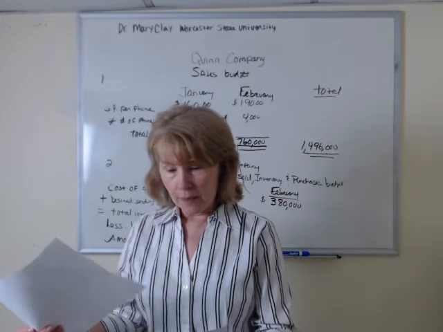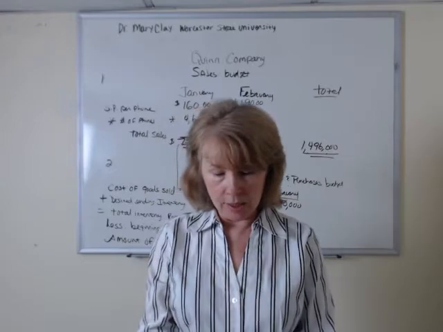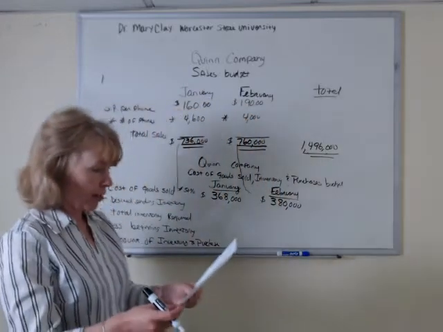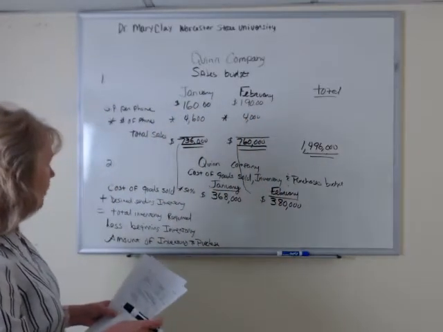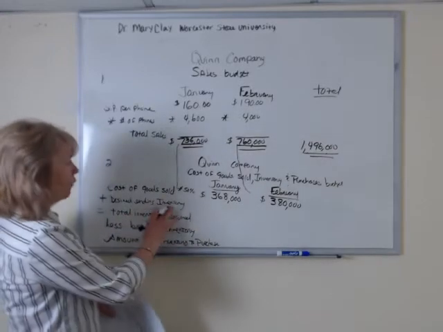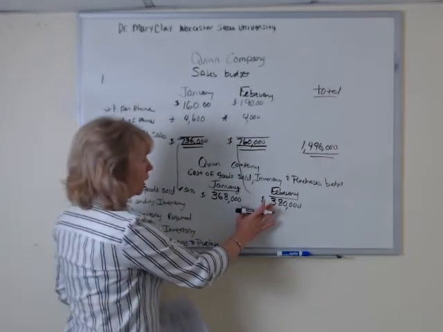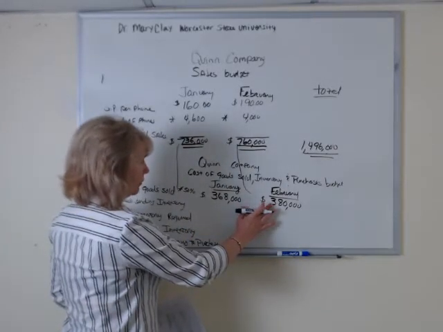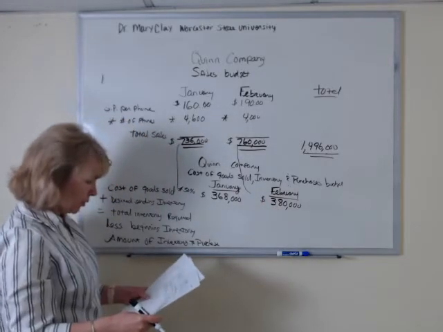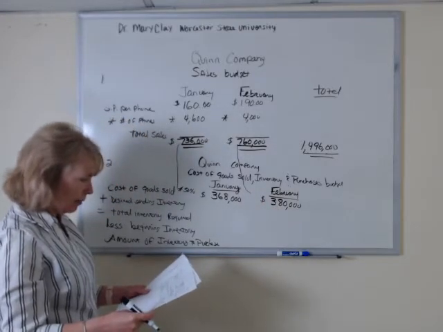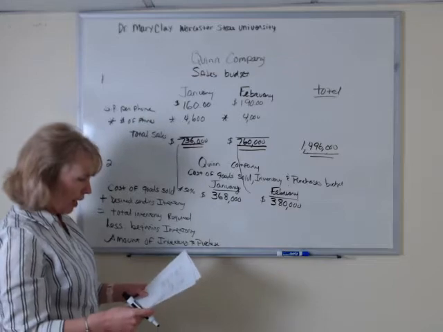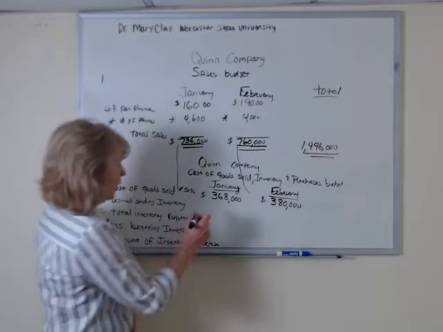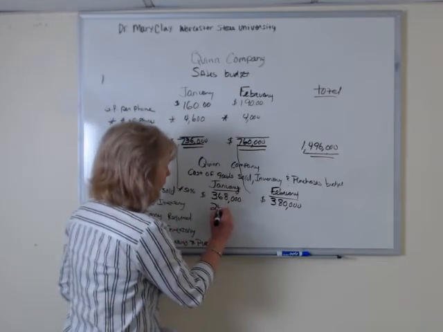For this one, it's not too bad. Here's all I'm going to do. I'm going to take 50% of the $380,000. I multiply that by 50%, and then I add in my 15,000. And that is going to give me 243,000.